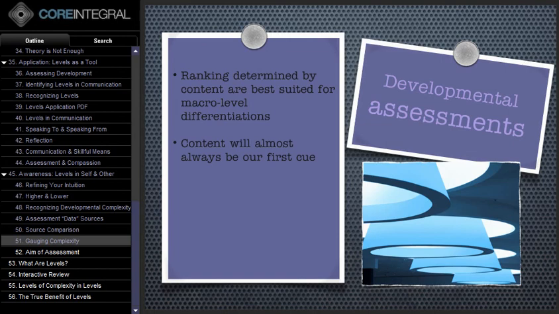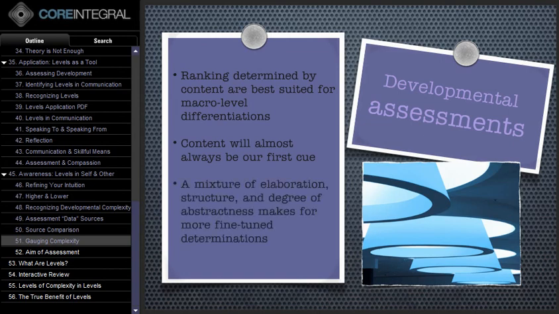Content will almost always be our first cue, but when the stage range between statements is small, or the topic is similar, content isn't always enough. A mixture of elaboration, structure, and degree of abstractness can help you make more fine-tuned determinations, or at the very least, they are great supplements to content-based data. Sometimes, if you limit yourself to only content, you can slip into working with levels too much like stereotypes.